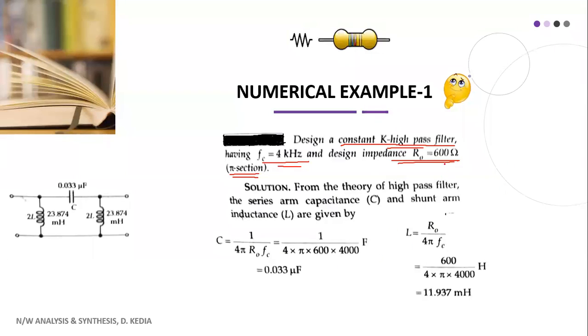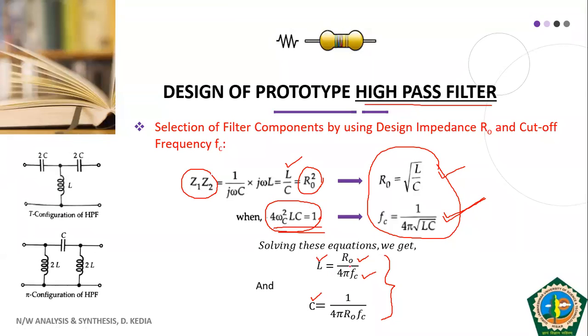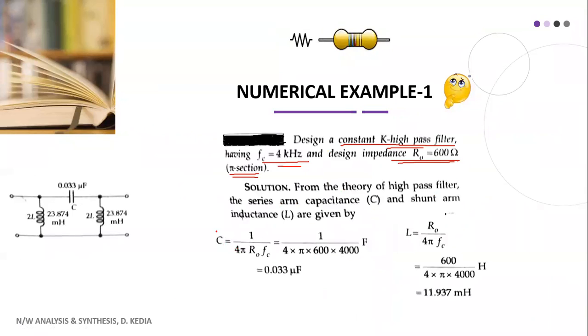Okay, since it is a constant K high pass filter, let us see what the values are. For L it is R naught by 4 pi FC, and for C it is 1 by 4 pi R naught FC. So what we have done is substituted the value of R naught and the value of FC.